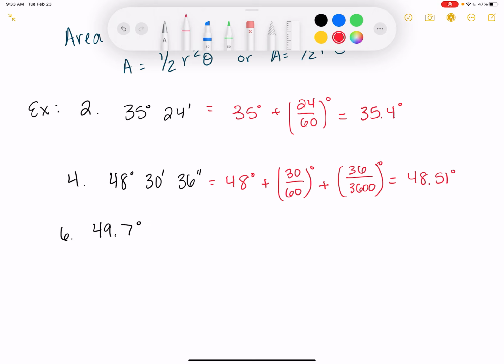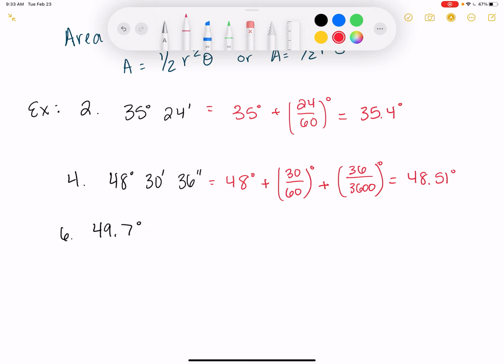So 49 just stays, and we just need to do the 0.7 degrees times the 60 minutes, which is 42 minutes. So your final answer should be 49 degrees, 42 minutes.